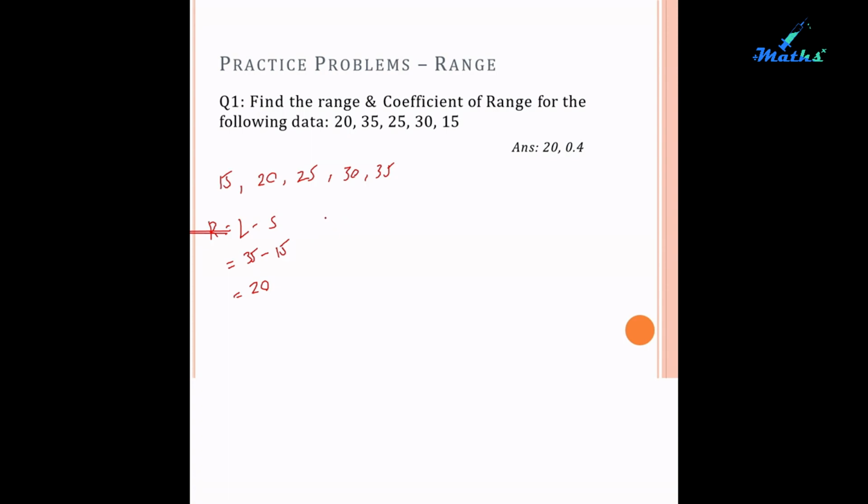And the question asks us to find the coefficient of range, which is equal to L minus S divided by L plus S. So 35 minus 15 divided by 35 plus 15, which equals 20 divided by 50.